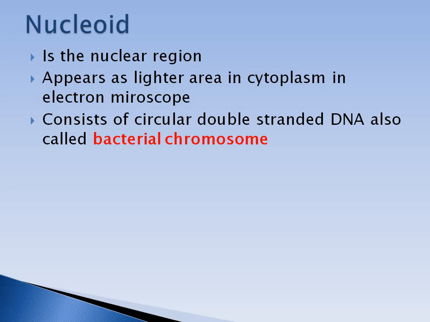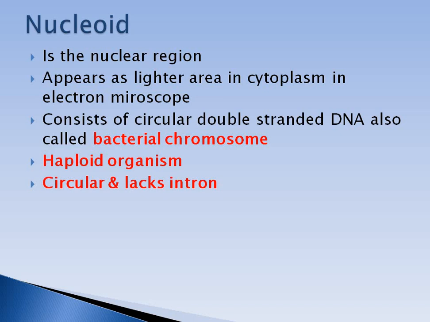As I told you, it consists of single double-stranded DNA. So this single double-stranded DNA is also called bacterial chromosome, and as one single chromosome is present, the bacterial cells are haploid, and bacterial organism is a haploid organism. Haploid means half or one chromosome in it.